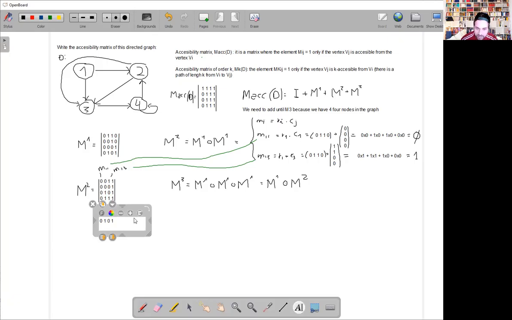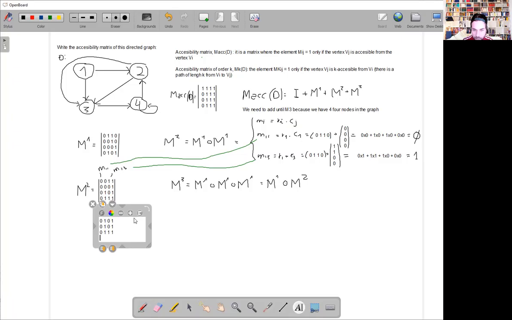Okay, so we pass to the second row of M1. We multiply by every column and we get 0, 1, 0, 1. We pass to the third row of M1 and we get 0, 1, 1, 1.